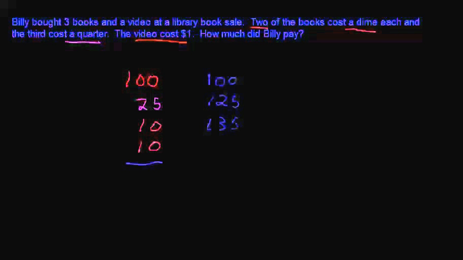And we skip count by 10 again to get to $1.45. So that gives us our total is 145 cents, which again is going to be, we've got our dollar sign, 1.45.